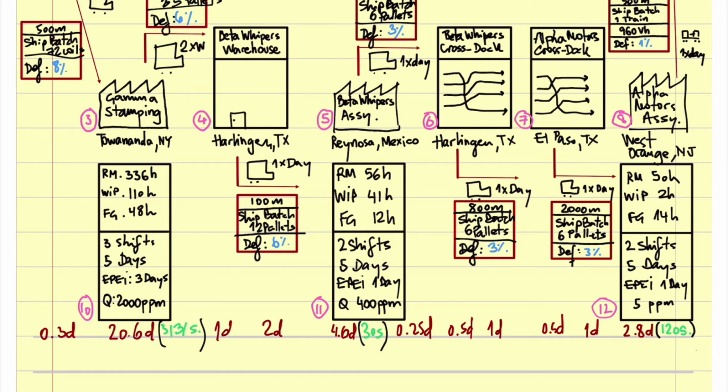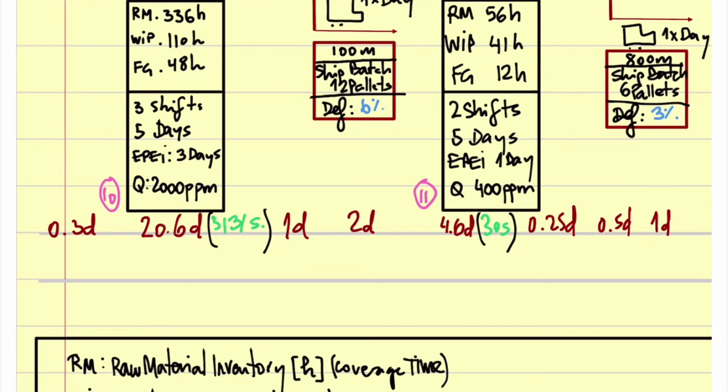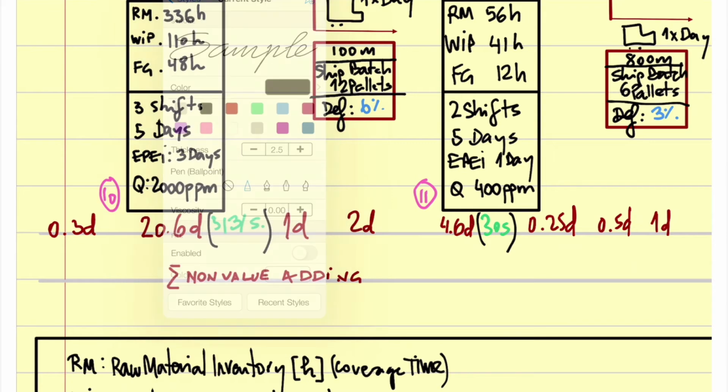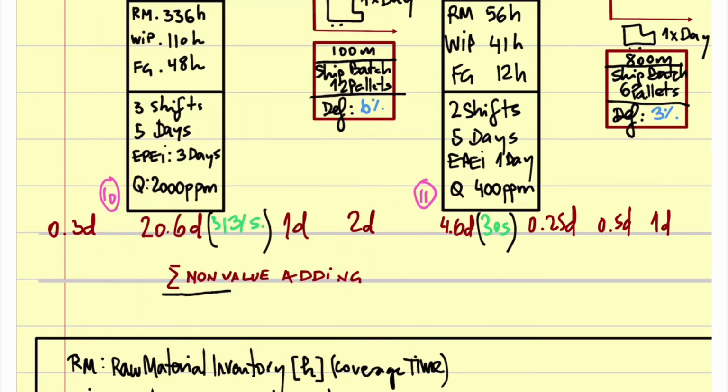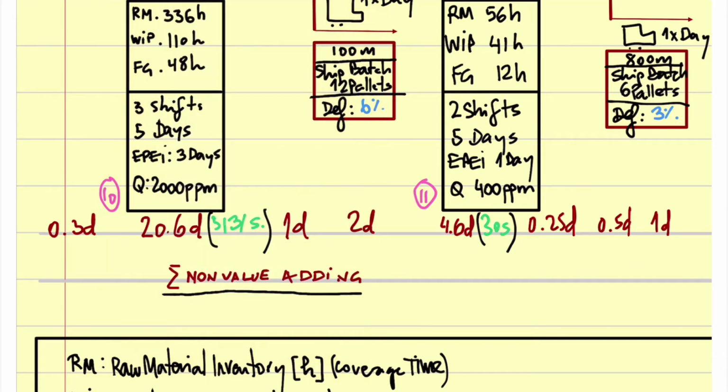So we add up all the information. We take the sum of all non-value adding divided by total time.